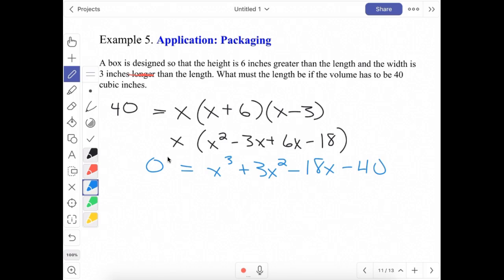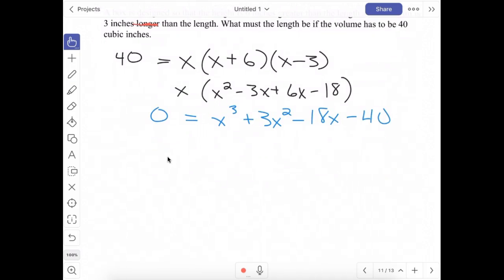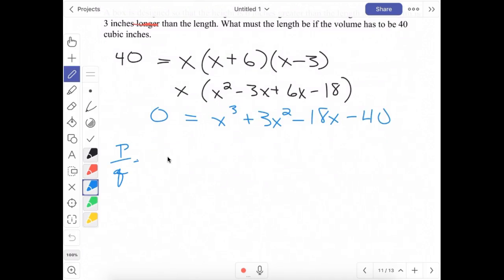So again, we want to use the rational root theorem. We have a negative 40 at the end, so we want to find a factor. So we would have that P over Q, all the factors of 40, plus or minus 1 all the way to plus or minus 40, and then we would just have plus or minus 1 on the bottom.